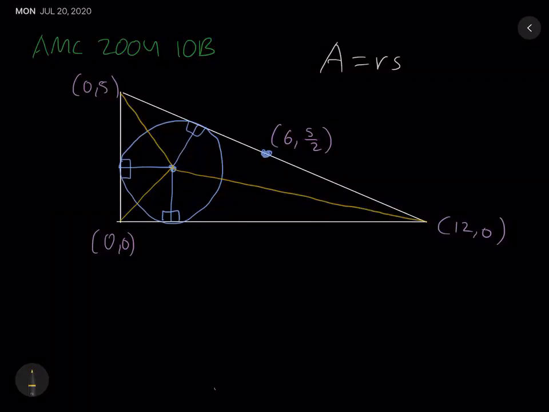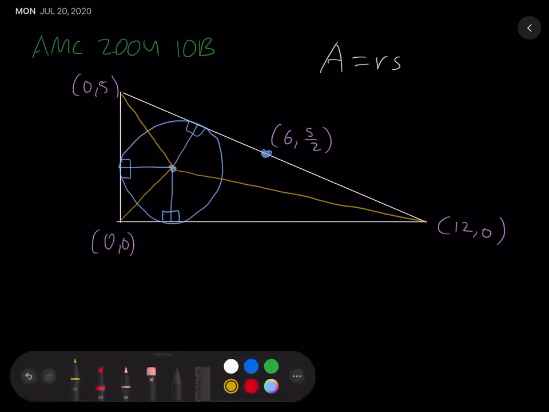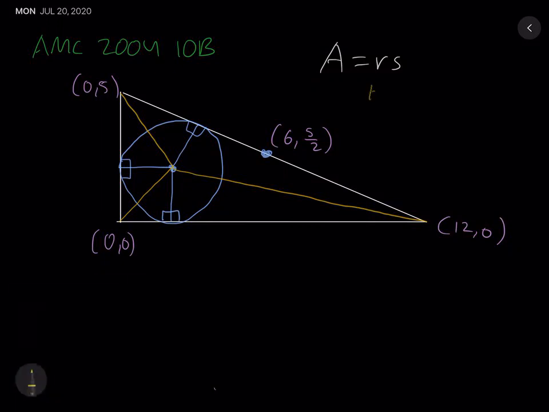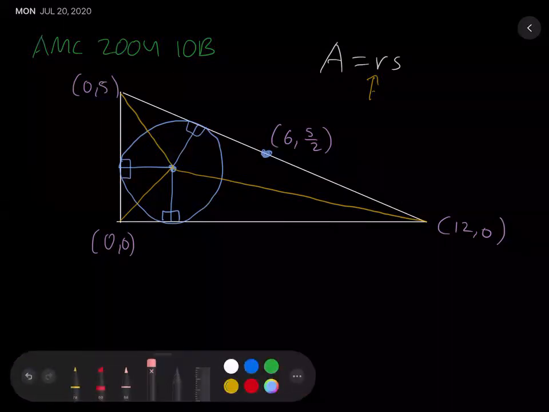We have a bunch of right triangles where the heights are R and the base is the length of the triangle. If you add all these up, you know that all the heights are going to be R and all the lengths are going to add up to the perimeter. And since the area of a triangle is base times height over 2, it's the radius times the perimeter over 2, which is the radius times the semiperimeter. So that's where this comes from.